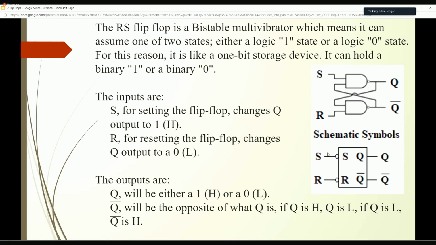Well, set would be active because it has a 0 and the state indicator is indicating that it is active low. So a 0, a 1, that's going to be an active set, which means I get a 1 out on Q. I'm setting this RS flip-flop. Setting means that Q is going to be a 1 out, an output of 1 or high.